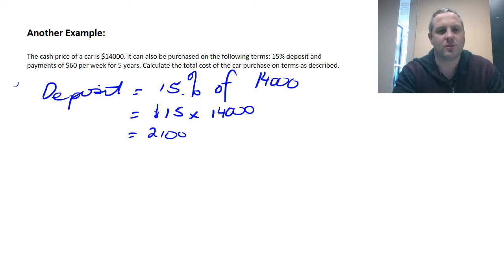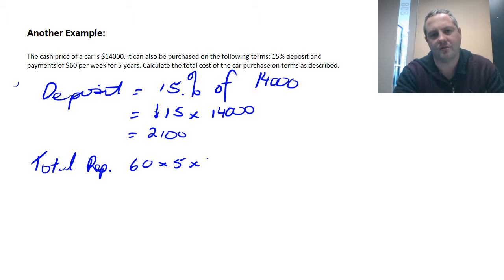The next step is to work out the payments that you're going to pay off over the time. So total repayments. Okay, so we've got $60. We're going to do it for 5 years, and there are 52 weeks in a year. Put that into the calculator, and you're going to end up with $15,600.